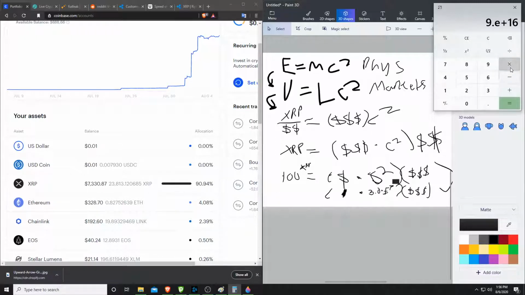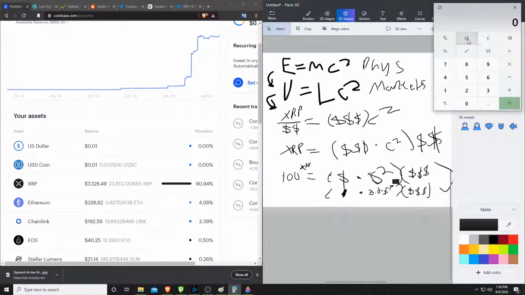So let's just say we have, in total, $10 bills, right? That's what we started with, and we found that $10 was equal to 3.1 XRP at this point. So now we're talking about 100 XRP, right?